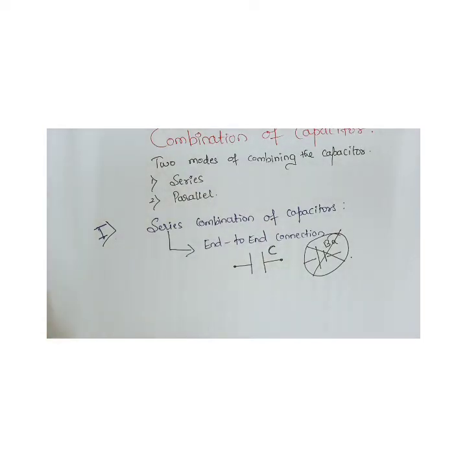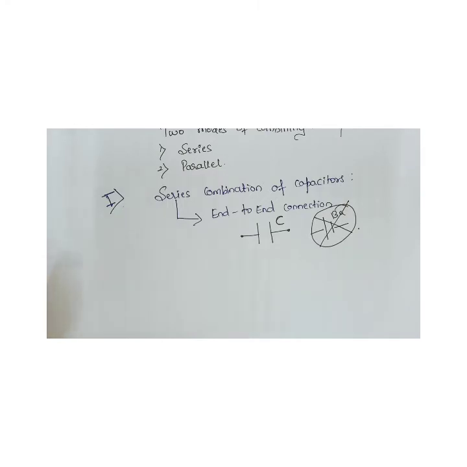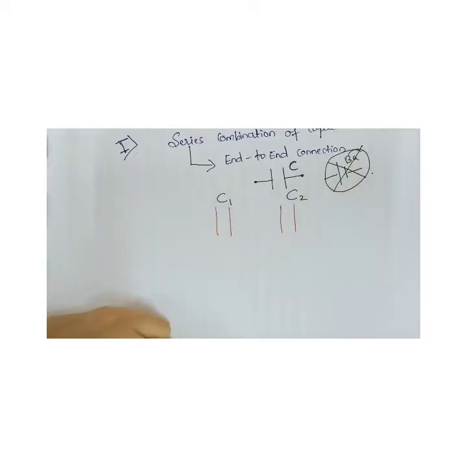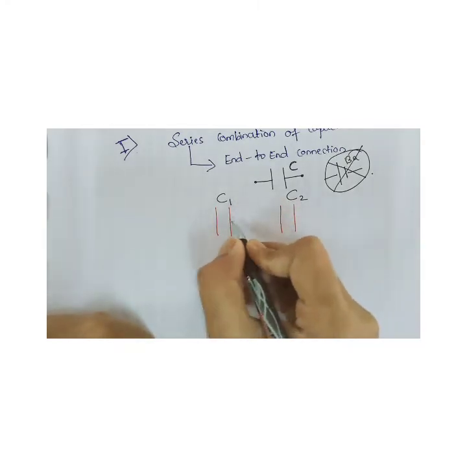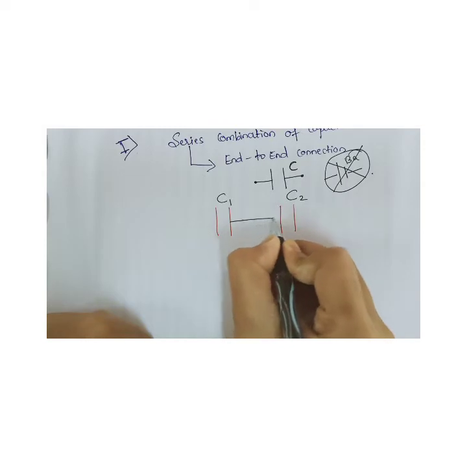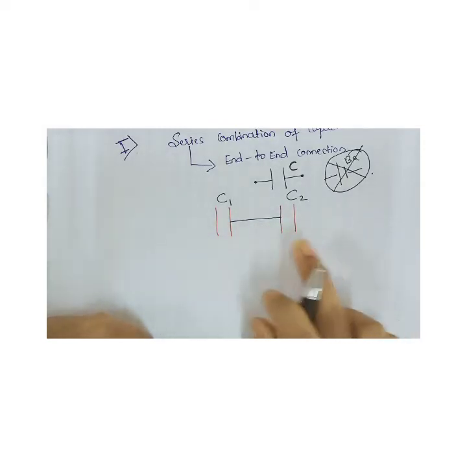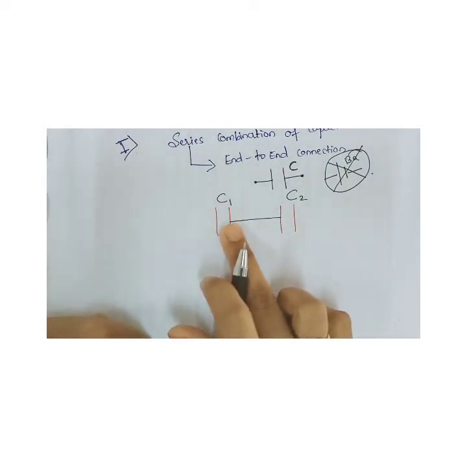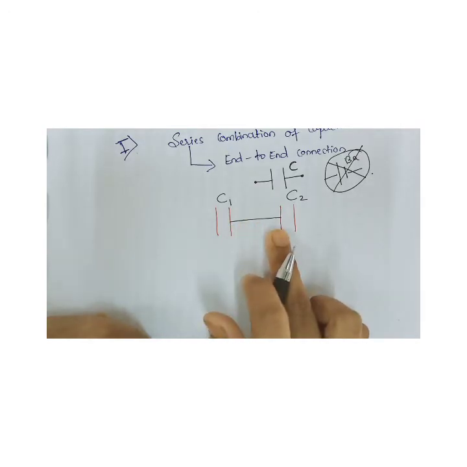Then what is series combination? It's the end to end connection. Here you can consider two or more than two capacitors. We'll start. Assume that these are the two capacitors having capacitance C1 and C2, connected end to end. If you connect one end of a capacitor to another end of the capacitor, this is a series combination.